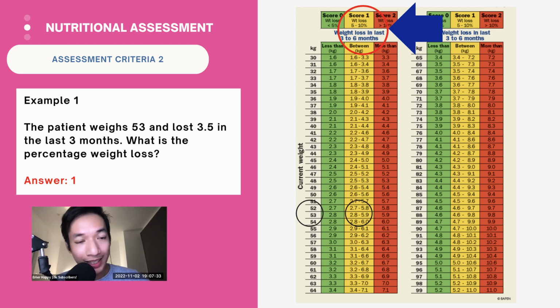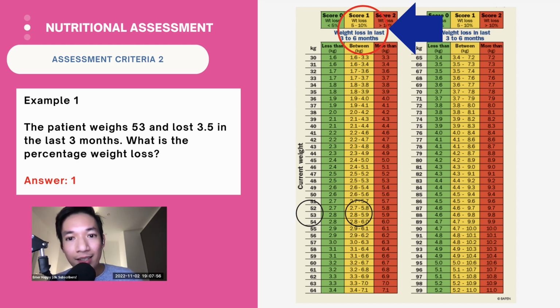So you can see 53. I don't know if you can see the circle. It's 53. And then the percentage weight loss is 3.5 in the last 3 months. So you can see here on the yellow section, it's between 2.8 to 5.9. And if you look up, you will see the patient will score 1. Okay.